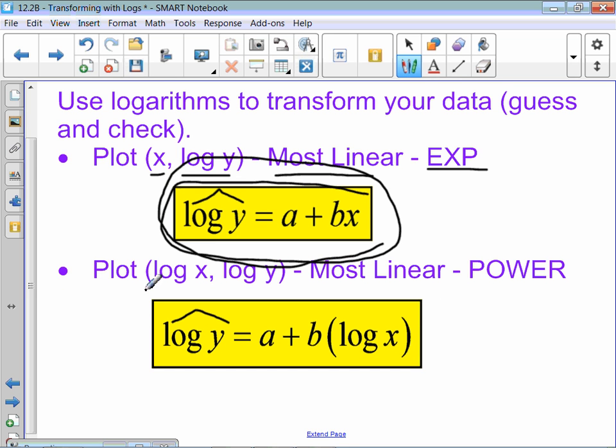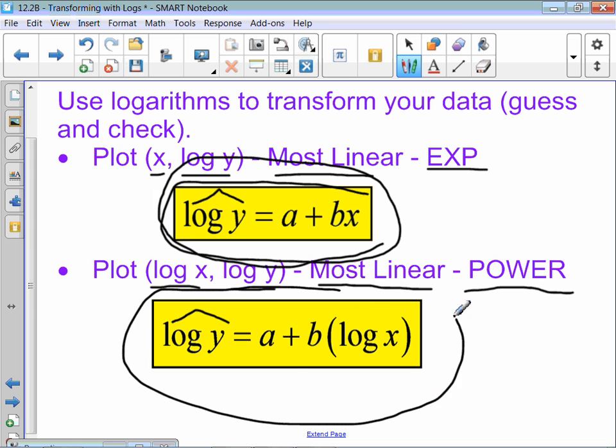If you log both the input and the output and you get a mostly linear graph, then you're looking for a power model, and you're going to log both the output and the input, and it looks like this. So make sure you write down your general formula for each of these and which is which.